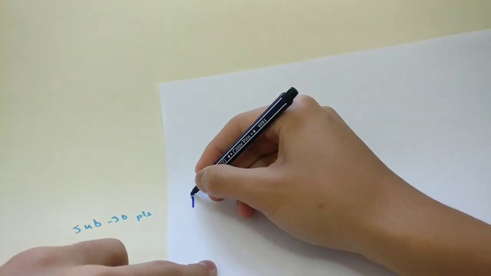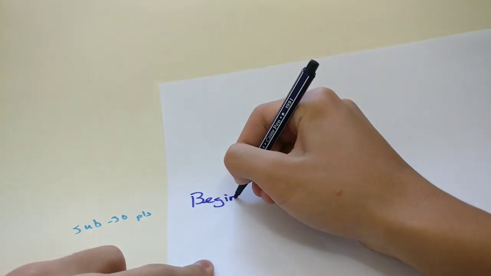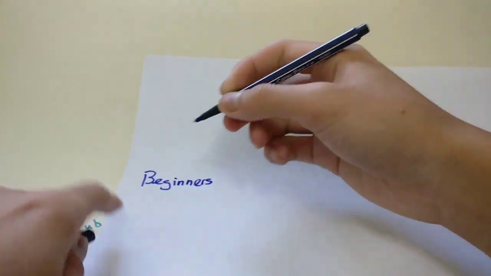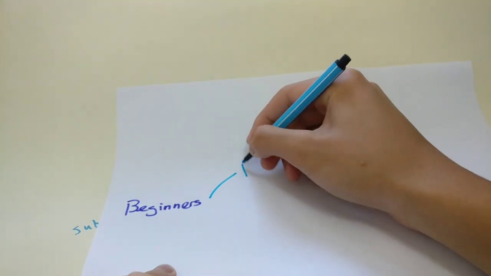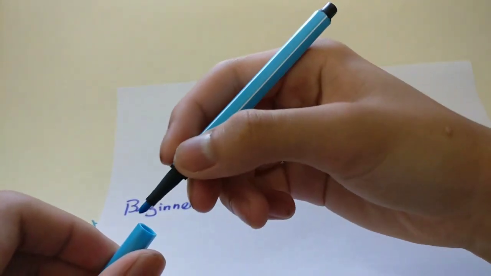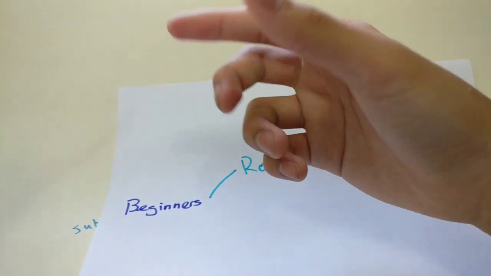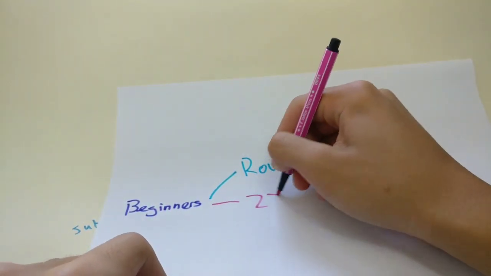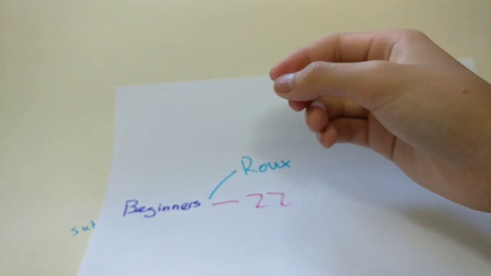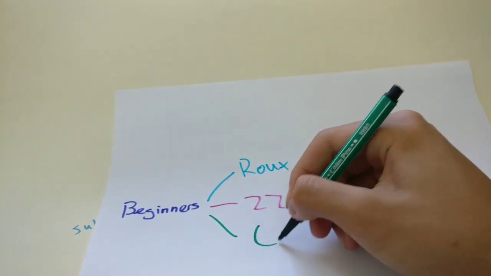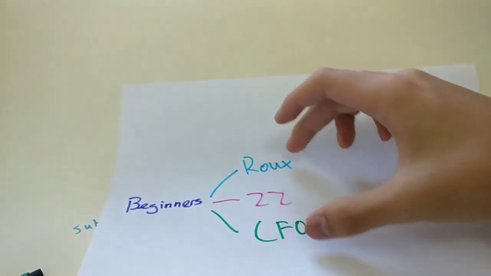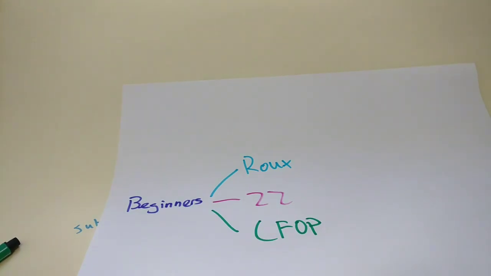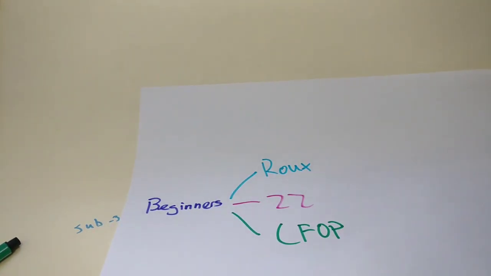When you have your beginners, you can go to Roux. You can also go to ZZ, or you could go to CFOP. So these three are really good methods, and they're the three most used methods as well.